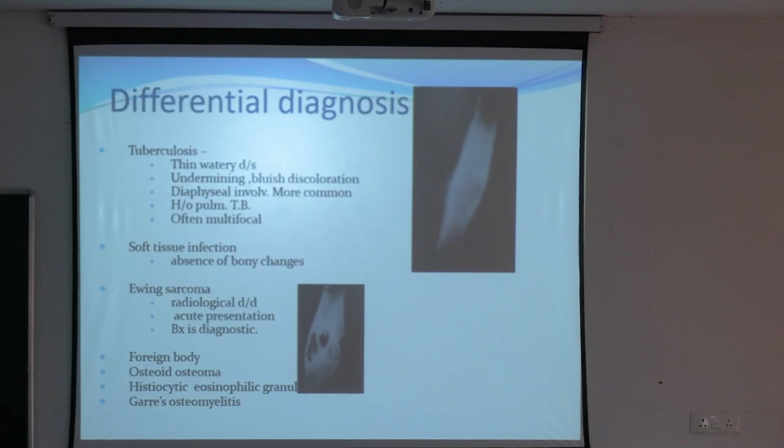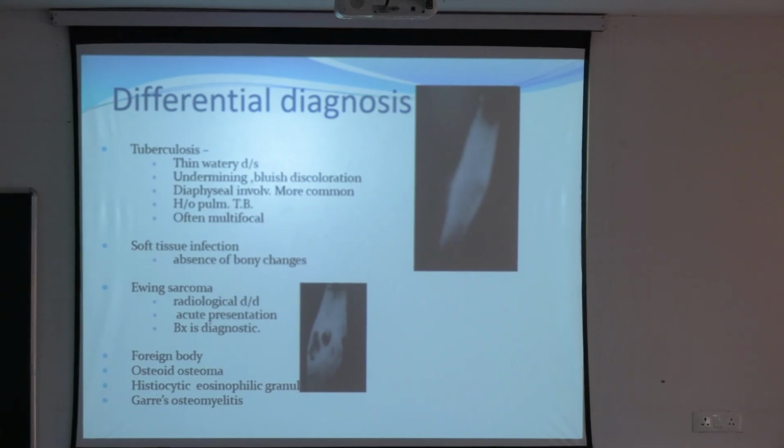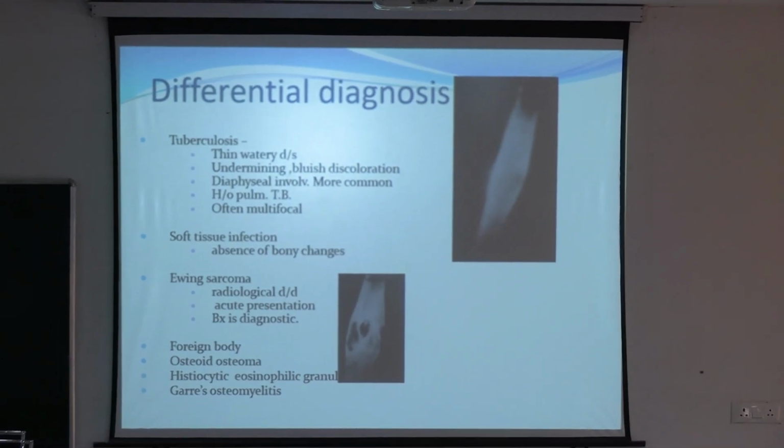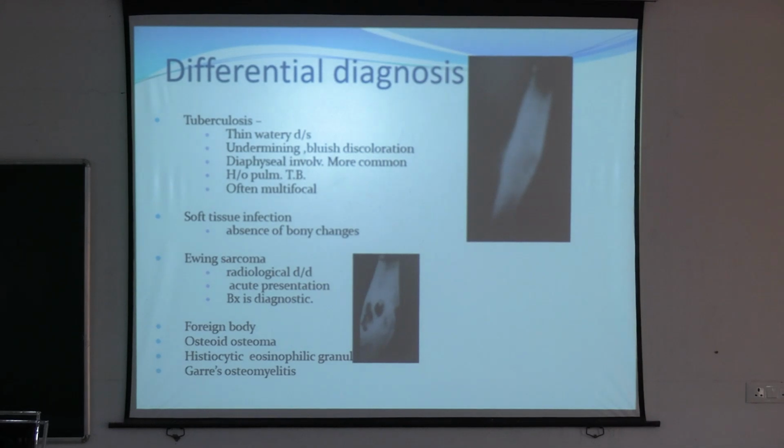You have a lot of patients who were misdiagnosed as osteomyelitis, and later when we sent the bone tissue for biopsy, it came to be TB positive. So a very close differential is tuberculosis. It can be a soft tissue infection, and in very rare cases you can get a malignancy also, Ewing sarcoma.